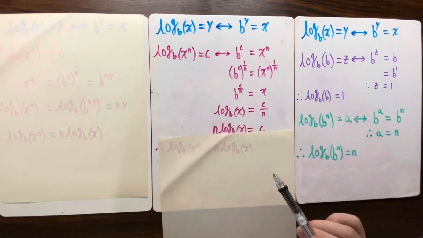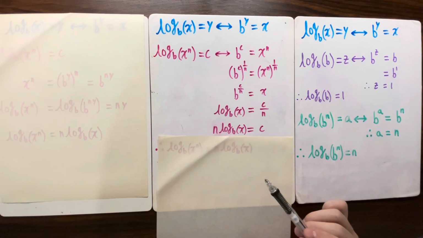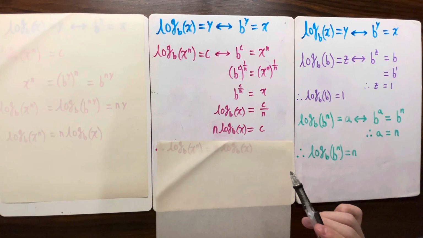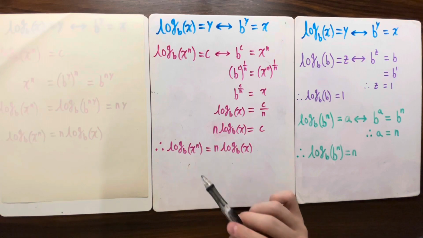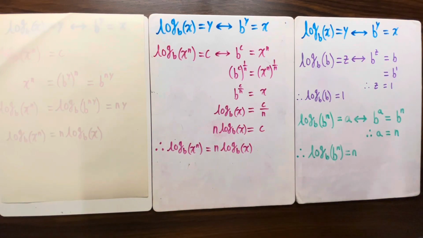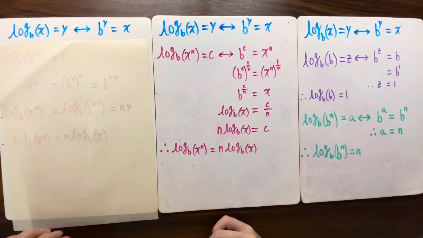Doing so, we get that n log base b of x is equal to c. But we also know that c is equal to log base b of x to the n. Therefore, we can say that log base b of x to the n is equal to n times log base b of x. Another way to show this fact is like this.